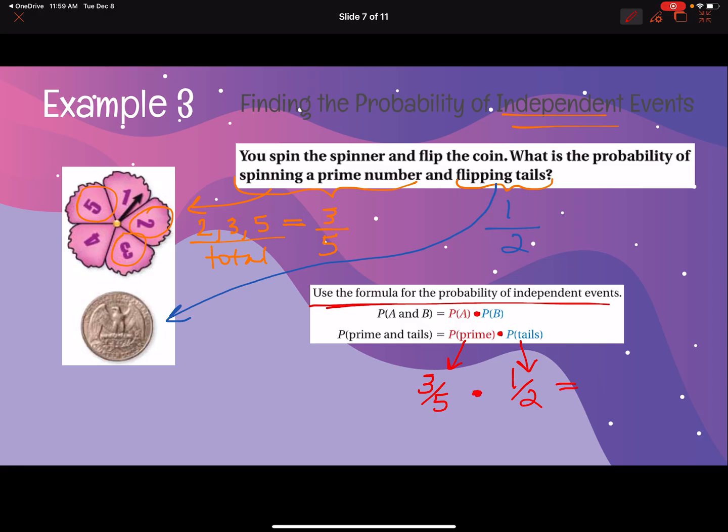So we're going to put those into our calculator, and we're going to take 3/5 times 1/2, and we're going to get 3/10, and we can convert that to a percentage also, which is 30%. So 3 out of 10 or 30% would be our probability of spinning a prime number and flipping tails.